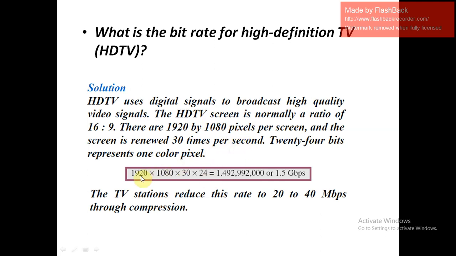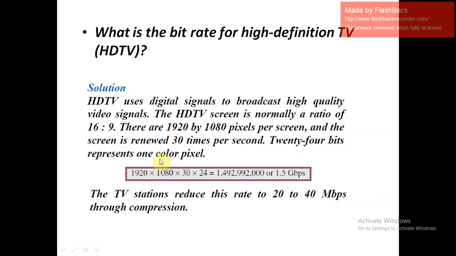If it is black and white, this is normally 1920, 1080 and 30, but if it is color, then you have RGB. There are 3 colors in a color pixel: red, green and blue.